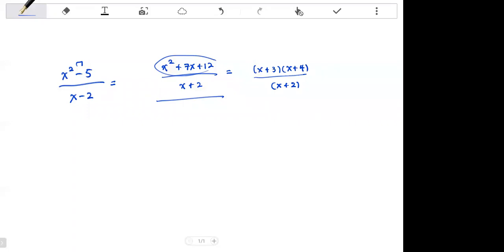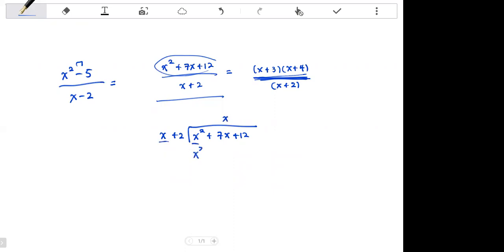So let's do this example as well. This is factored, but it's not divided because there's still this fraction sign. So we do the same thing as before. We have to solve this problem like this, where this x plus 2. And how many times does x go into x squared? Well, x times.